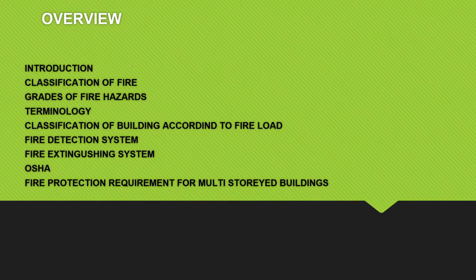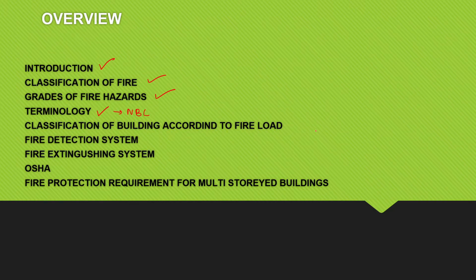So let's have a quick overview of today's class. Firstly, we'll have a small introduction to the topic of fire safety. Then later on, we'll classify fire into different classes. Then we'll study about grades of fire hazard. Then have a look at terminologies according to NBC.